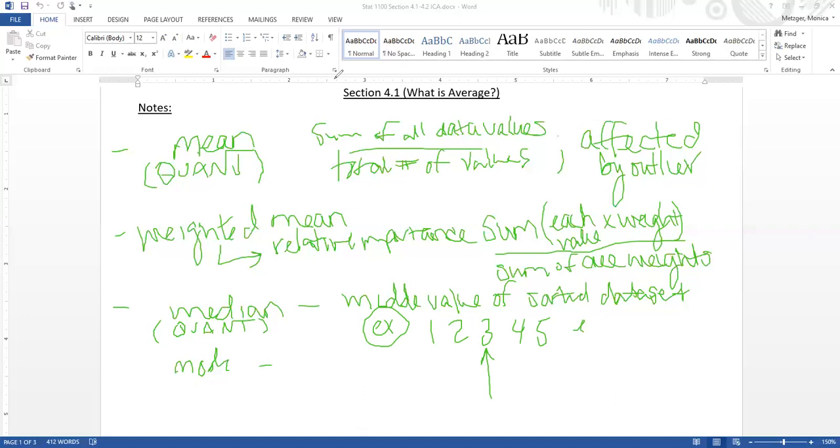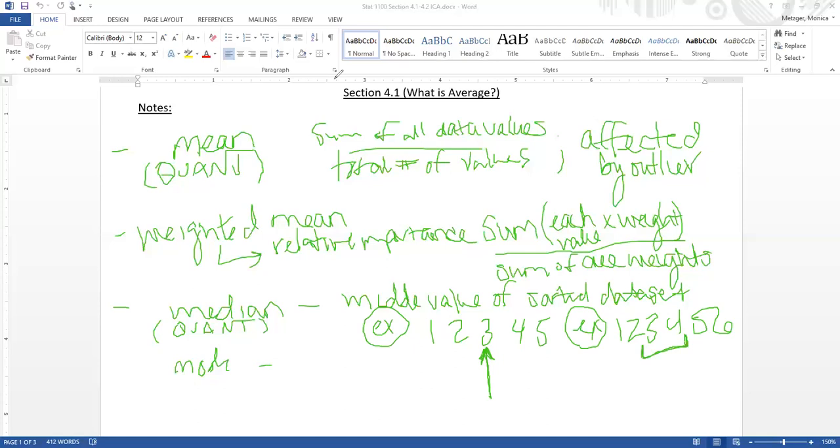But what if we have, and this one's going to be different than the one I have written in the notes, but what if we have an even amount of data values? If we're looking at an even amount of data values, I can't just say this one is in the middle like I could before. I can say these two values are in the middle, but I'm not going to have two medians.